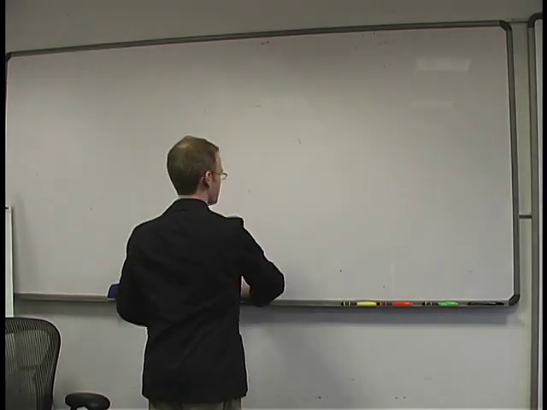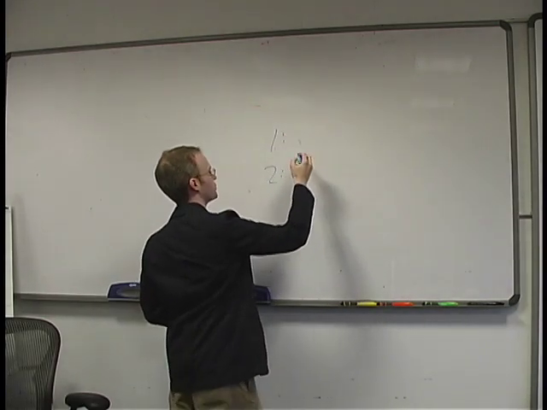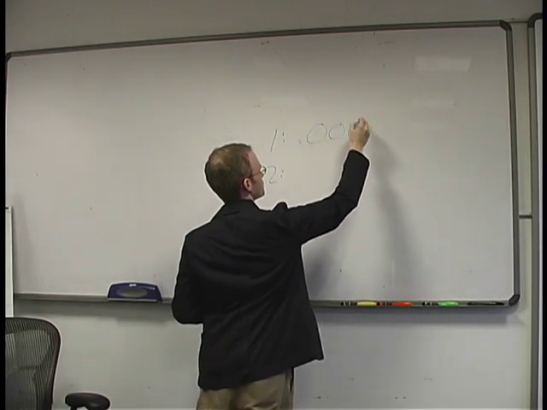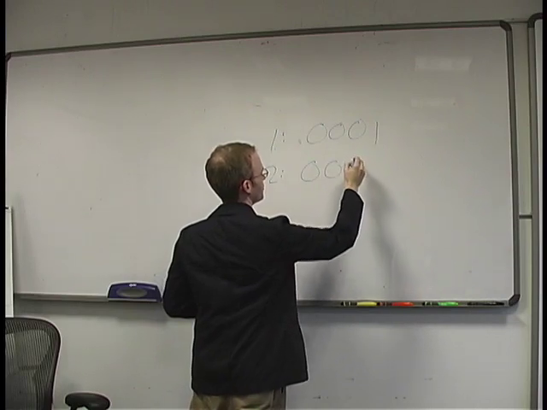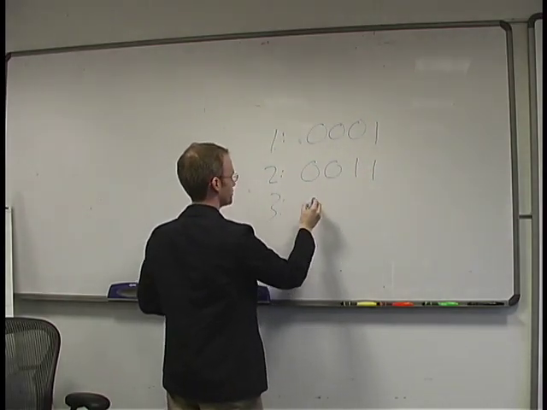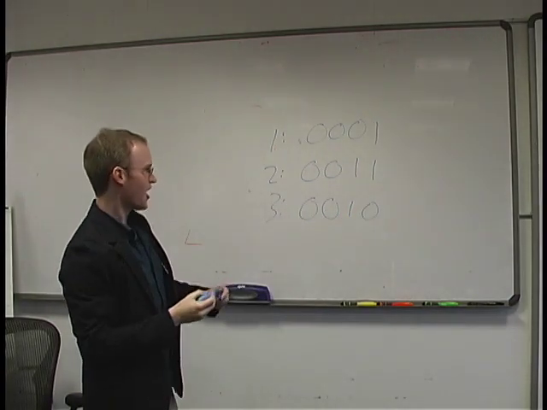They're really just a big string. You've got object 1 and object 2, and we'll just use 4 bits for this. You've got 0001, and you've got, say, 0011, and we'll throw in object 3, which is 0010.